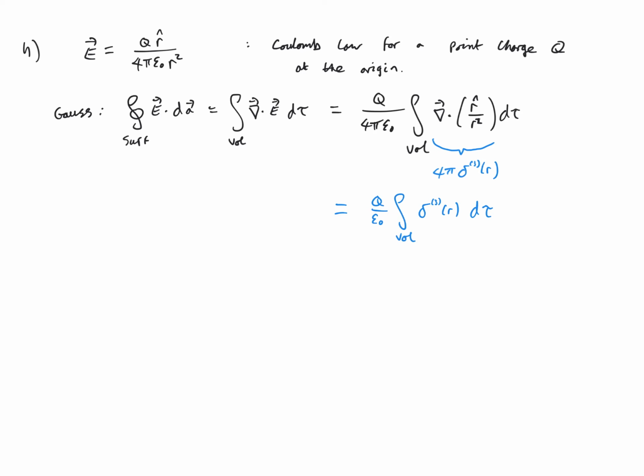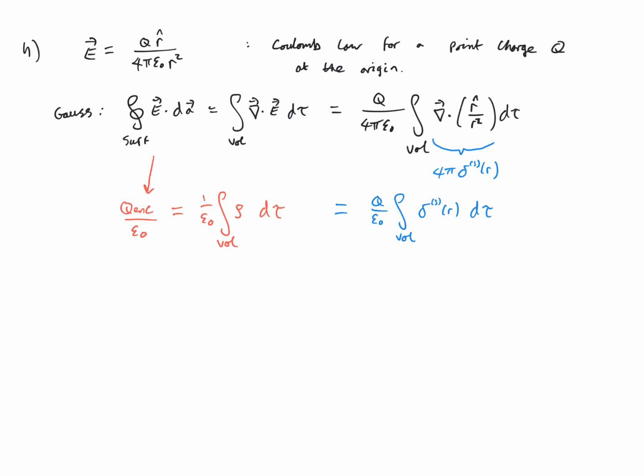But on the left-hand side, we use Gauss's law to relate the electric field flux through this surface to the charge enclosed, divided by epsilon naught, which, of course, is equal to 1 upon epsilon naught of the charge density, d tau. So the charge enclosed is the volume integral of the charge density.